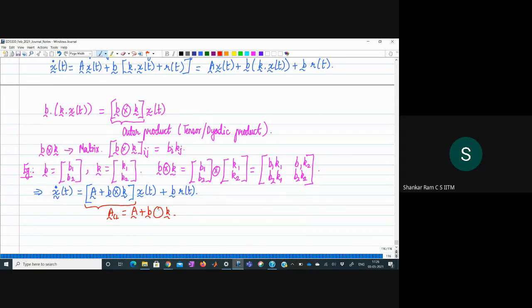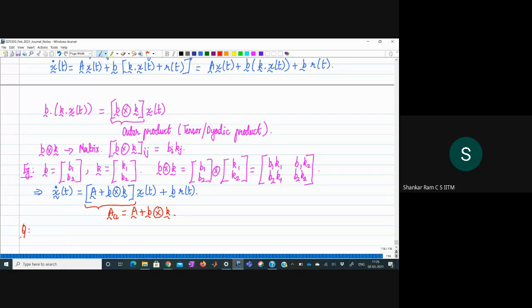This is the closed loop state matrix, A plus B outer product K. For a MIMO system, it was A plus the matrix product of B and K, where B was the input matrix and K was the control gain matrix. For a resource system, we have the vectors B and K, but we take what is called the outer product of these two vectors.